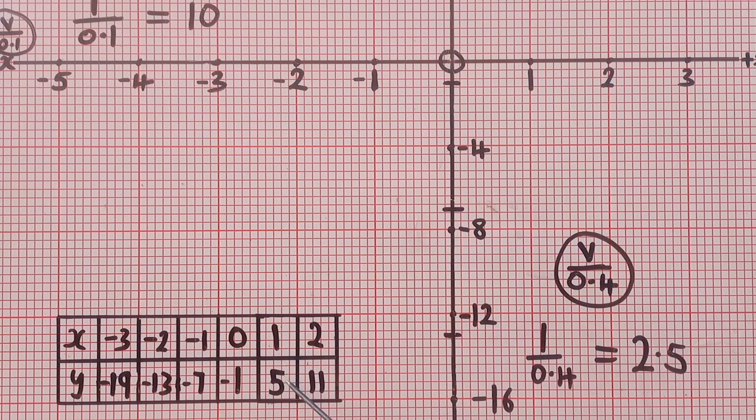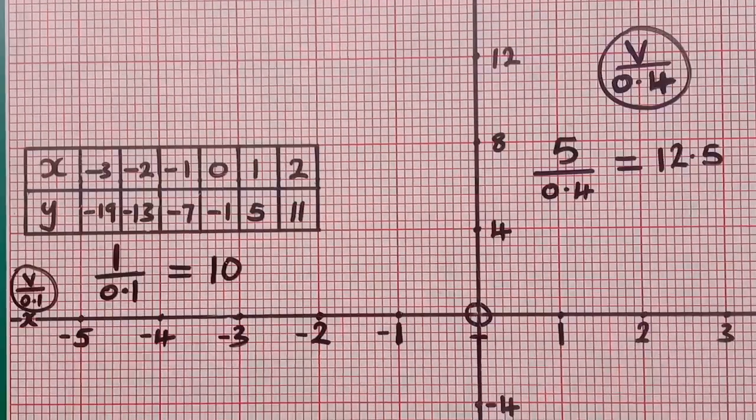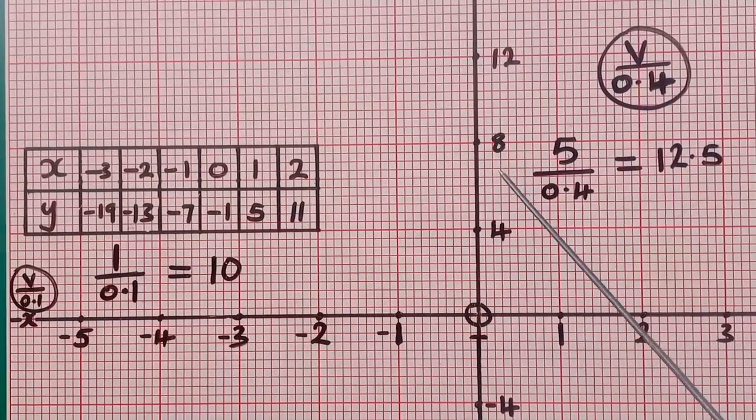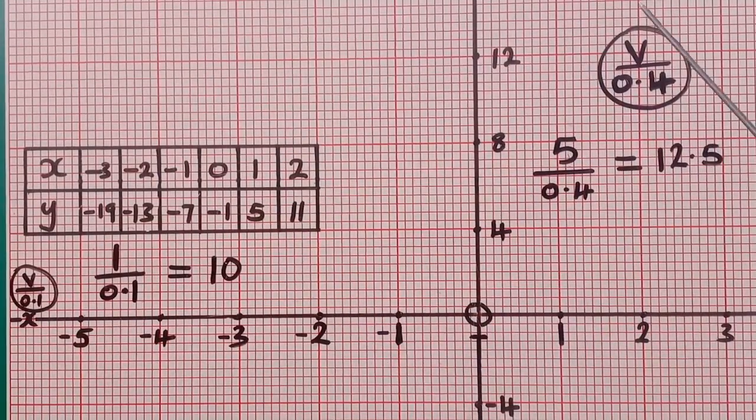Next is this 5. Let's do the same thing. We'll now locate the value of this 5 this way. Let this 5 replace this V so that we have this V being 5 now, divided by 0.4. And so what you have there is equal to 12.5.